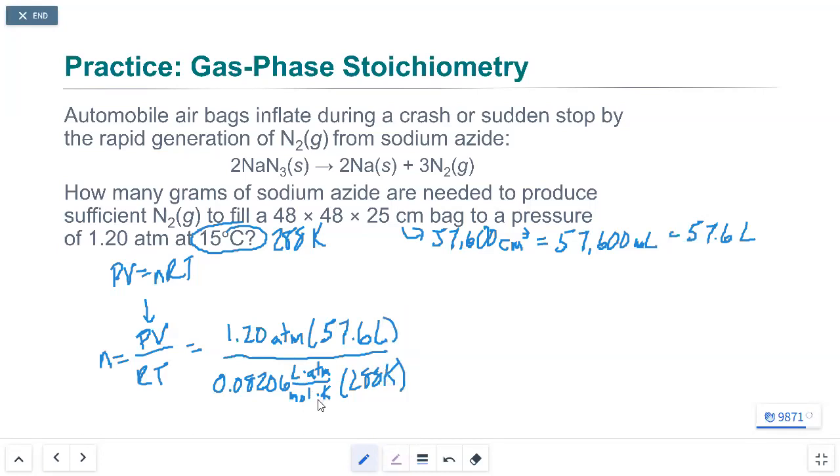So Kelvin cancel out, liters cancel out, atmospheres cancel out. All that is left is the reciprocal of 1 over moles. So moles will be the unit. 1.20 times 57.6 divided by 0.08206 divided by 288. To three significant figures, we would get 2.92 moles of nitrogen.